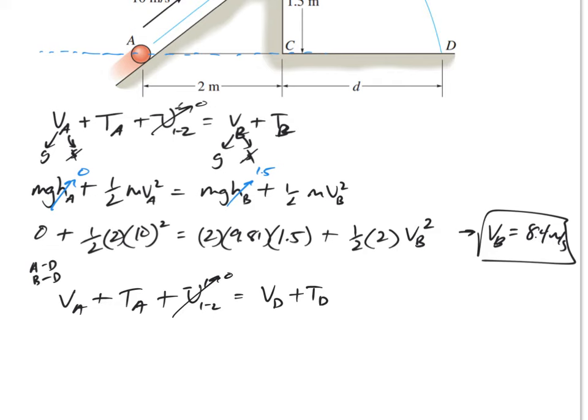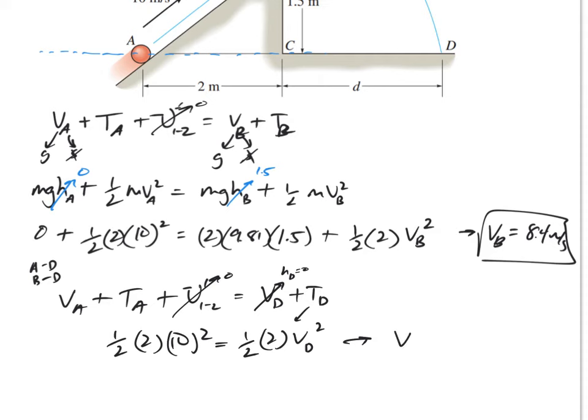So the left-hand side of the equation still stays 1/2 m 10 squared. Now the right-hand side of the equation would be, now there is no height, right? So now the height at D is 0. So the potential energy at D is 0. It only has 1/2 m velocity at D squared. And so here the velocity at D is 10 meters per second. Okay, and I use conservation of energy for that.